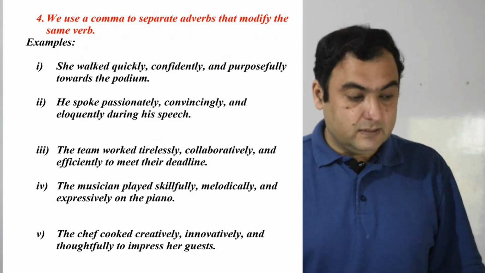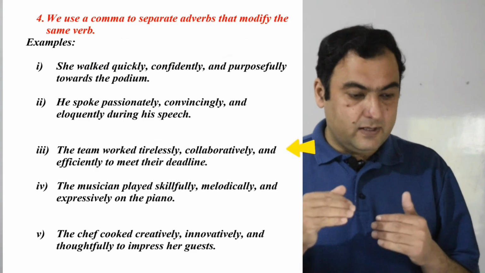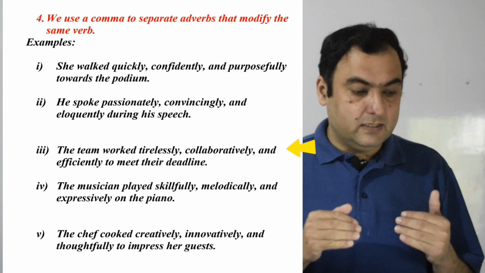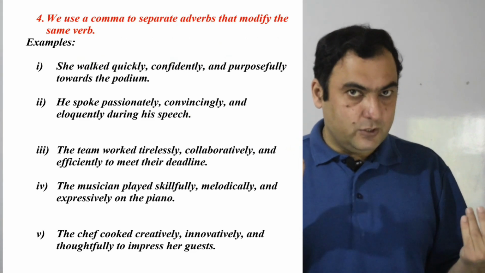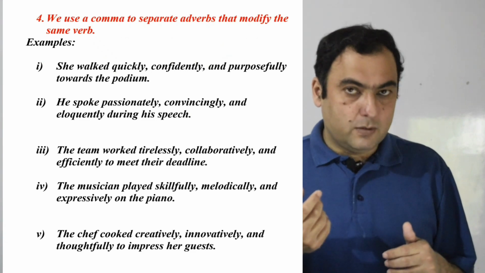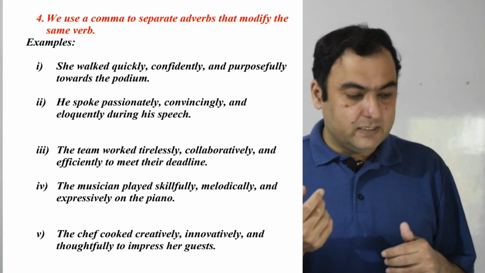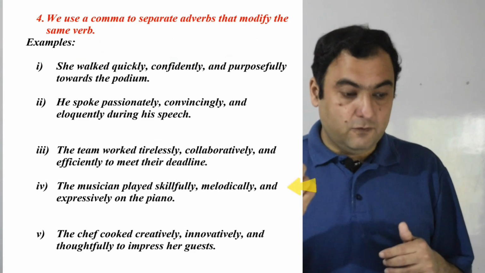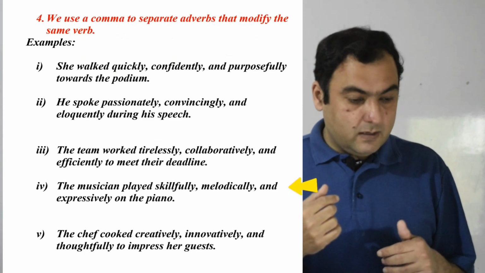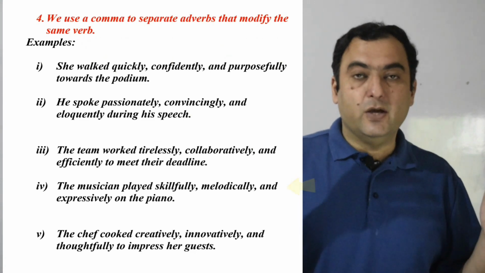The third sentence is, the team worked tirelessly, collaboratively and efficiently to meet the deadline. So commas are used here to separate adverbs that modify the same verb. The fourth example sentence is, the musician played skillfully, melodically and expressively on the piano.